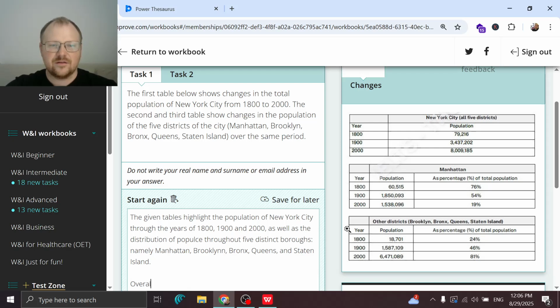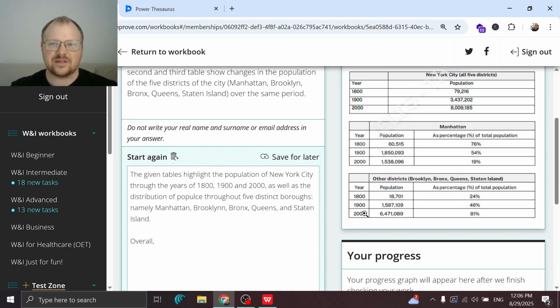So overall, now we need to talk about the grand scheme of what it's talking about. Overall, as is witnessed in these tables, New York has grown substantially.